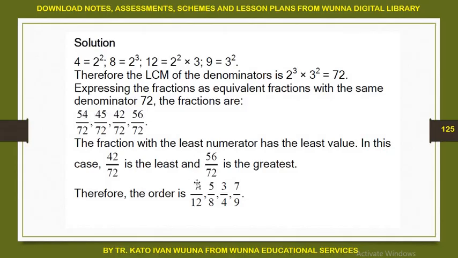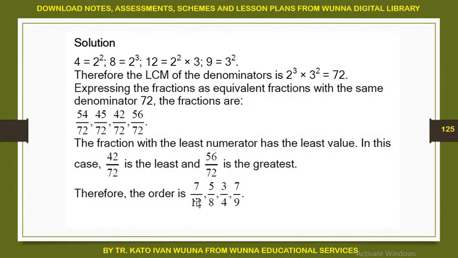That is to say, we are going to multiply 7 over 12 times 72. Then we multiply 5 over 8 times 72. 3 over 4 times 72. Like that. And the answers we shall be getting after multiplying are the ones that will be obtained as our new numerators.